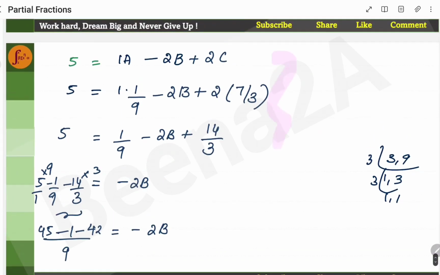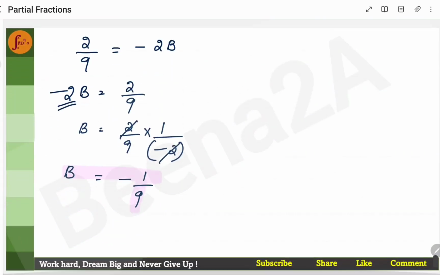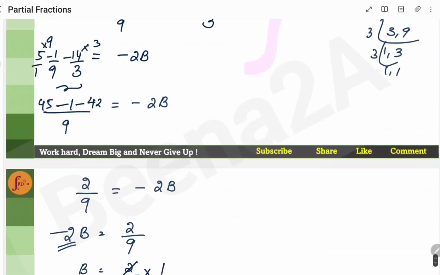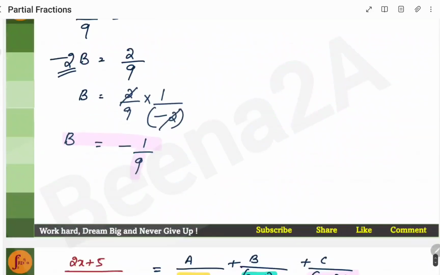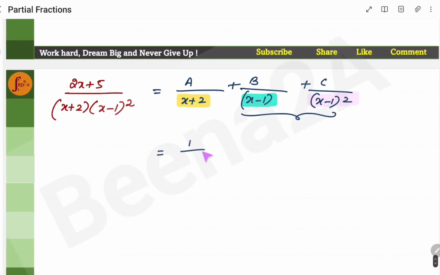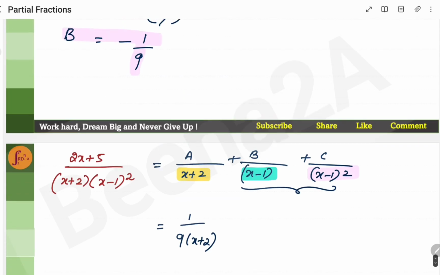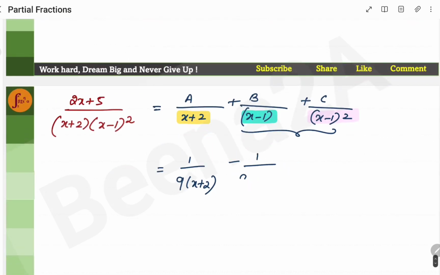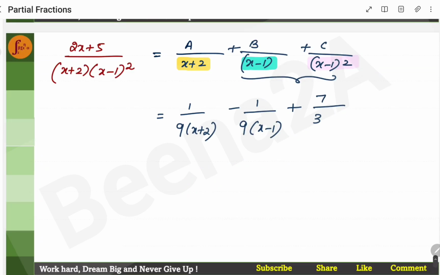These many steps had to be done while using the constant method. So now I'll substitute the final answer. A is equal to 1 by 9 into x plus 2. B is equal to minus 1 by 9, so minus 1 by 9 into x minus 1. C is 7 by 3 into x minus 1 the whole square. So this is the final answer.